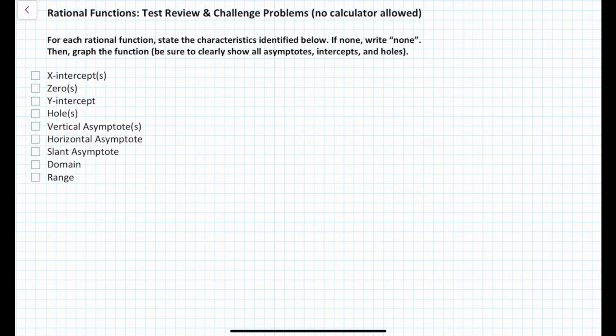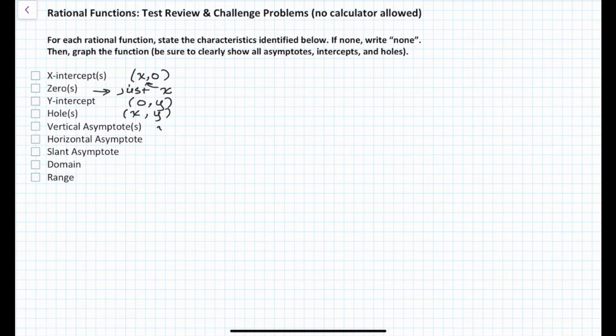So recall you need to be able to identify all these characteristics for any rational function. And we discussed these in detail in a prior video, but x-intercepts, remember you want to give your answer as a coordinate point. If you are asked for the 0, that is when you just give the x value. Y-intercept, obviously you give that as a coordinate point.